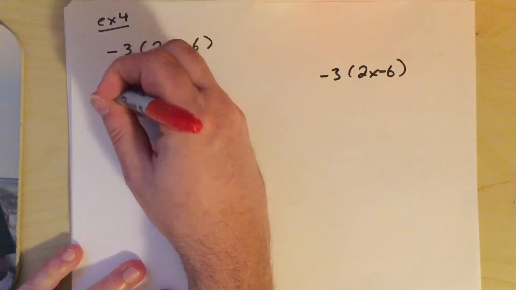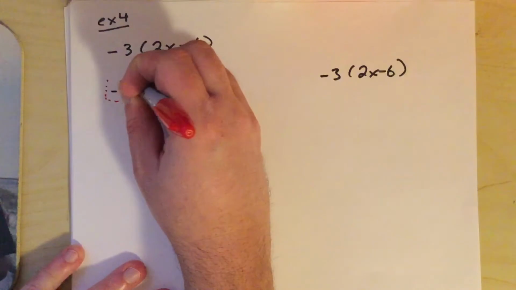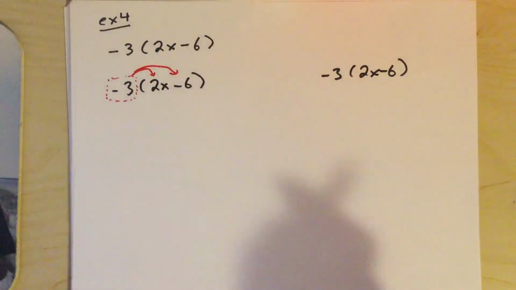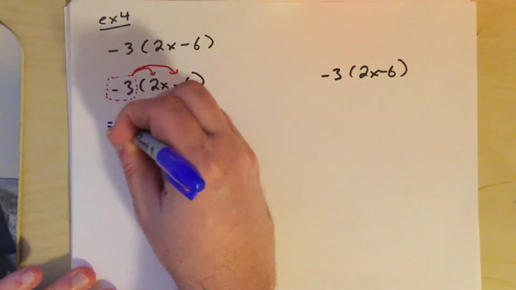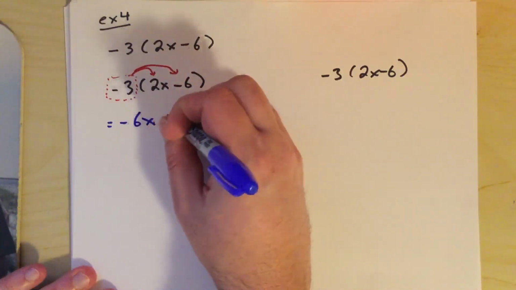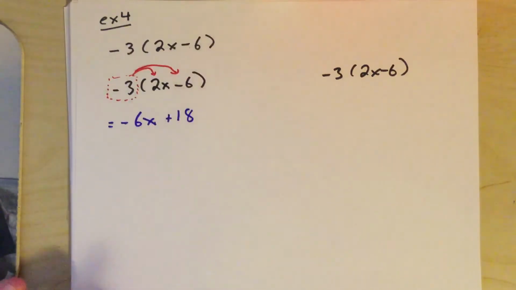We're going to start off by multiplying the entire minus 3 into the bracket. And what do we get? We get minus 3 times 2x is minus 6x, and negative 3 times negative 6 is plus 18.